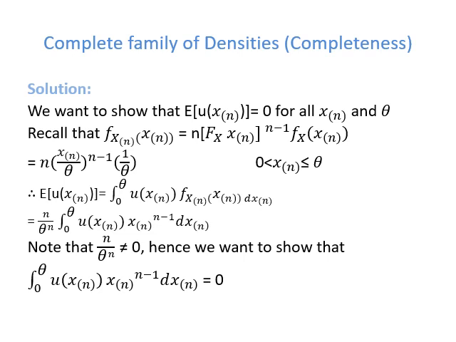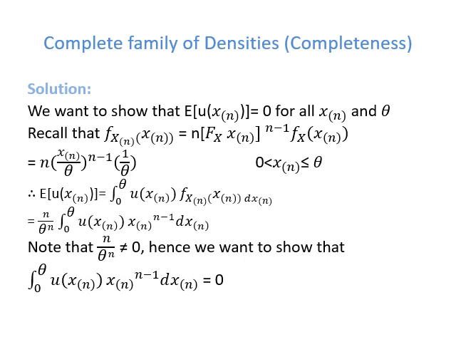Now remember that we can get the probability density function of the nth order statistic using the formula f of Xn equal n capital F of x evaluated at Xn, of course capital F is the cumulative distribution function, power n minus 1 multiplied by the probability density function of x evaluated at Xn.